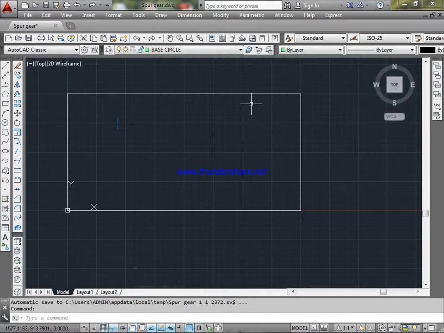To draw the base circle for spur gear or for a mating or meshing gear, there are two methods: pressure angle and approximate construction method. Here we discuss the pressure angle method.